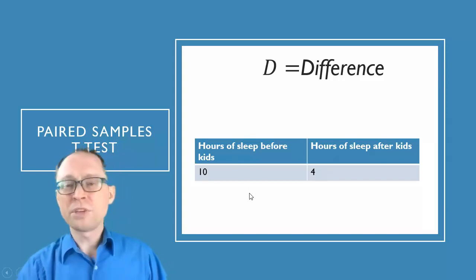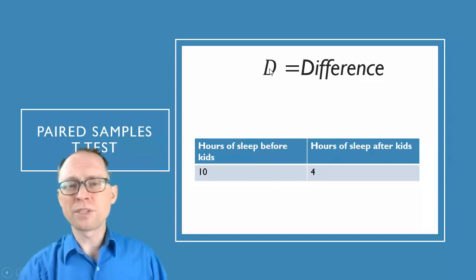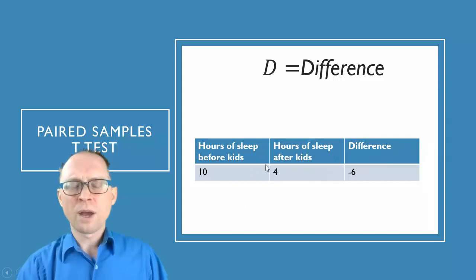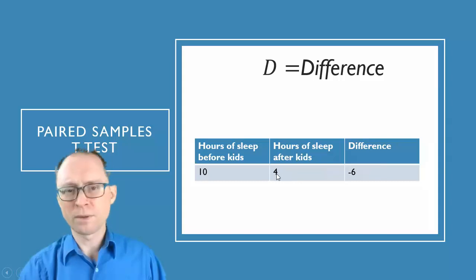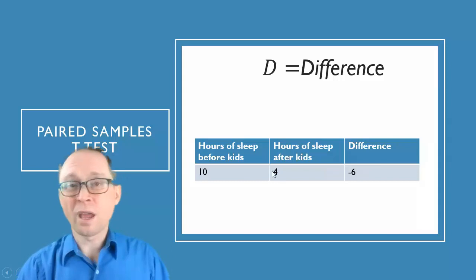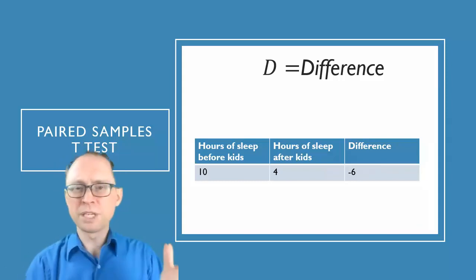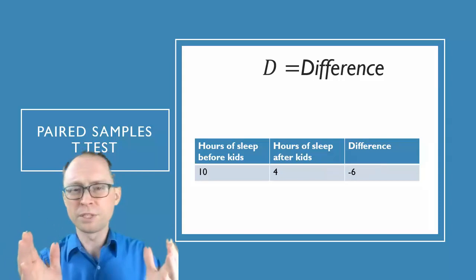So the difference is very simple. We're going to use the letter D to represent difference. So, for example, I had 10 hours of sleep before I had kids, 4 hours of sleep after I had kids, and the difference is the after minus the before. All right? I don't really care what order you do this in. It doesn't technically matter, except one will give you a negative t score, the other will give you a positive t score.